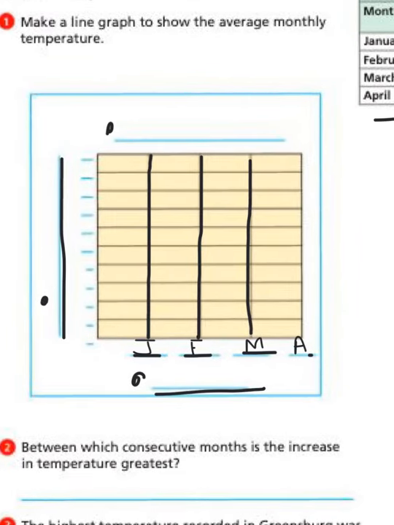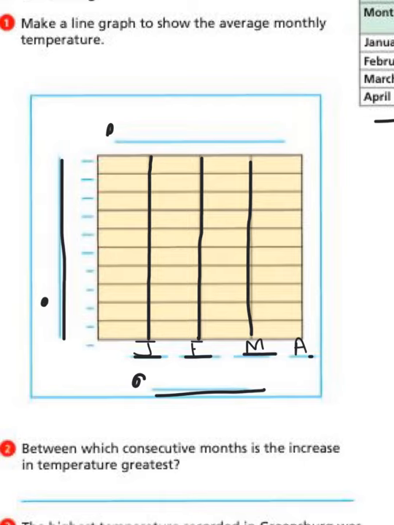So I would assume that you would put 1 here, 2 here, and then 2 degrees would go, and I'll put it in a different color so that you can see it. 2 degrees would go right there. And then once you're done, you would connect those line points between January, February, March, and April.